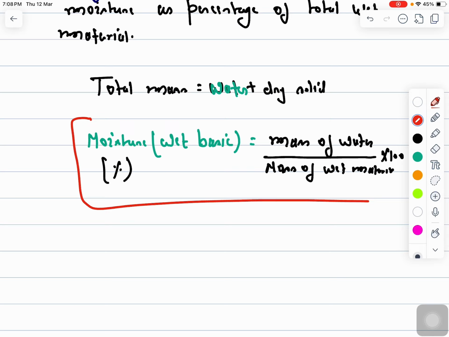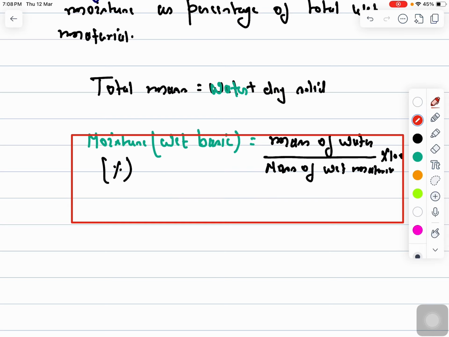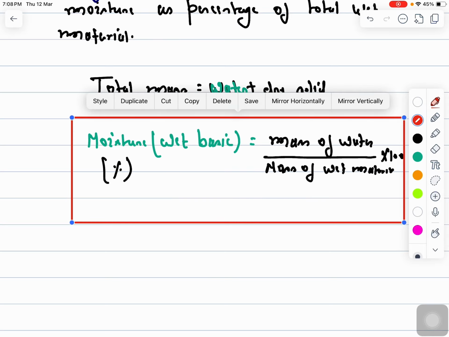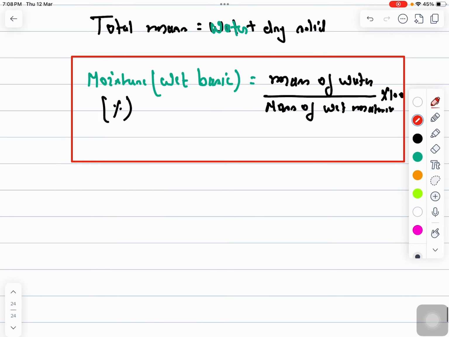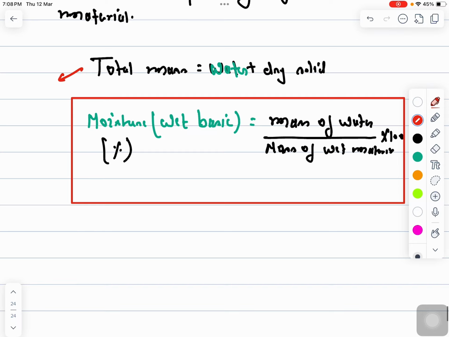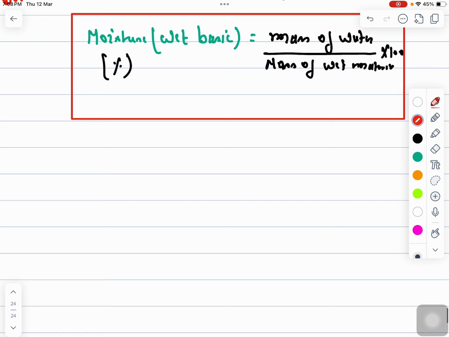So if you have to calculate the percentage moisture content based on the weight basis, you will be calculating this, and the total mass is called the mass of wet material, right?